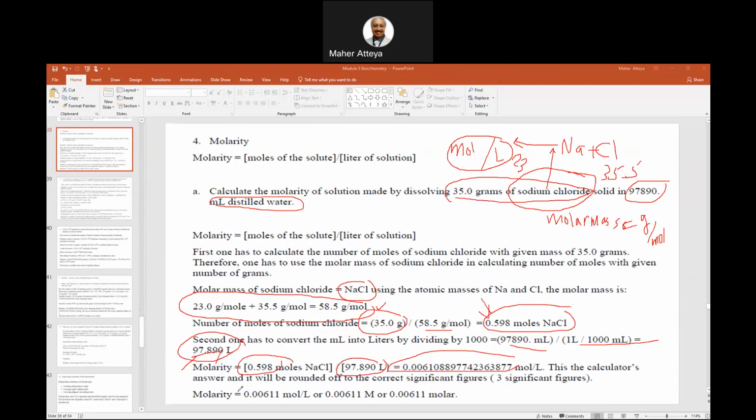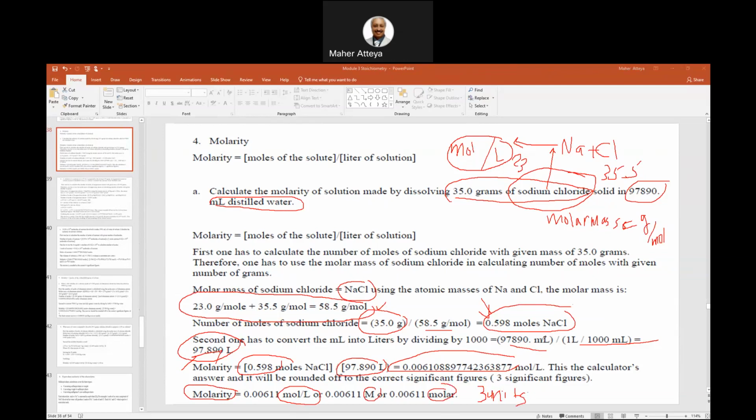So this is the molarity. It has 3 types of units: mole per liter, capital M, and molar. They mean the same thing, right?